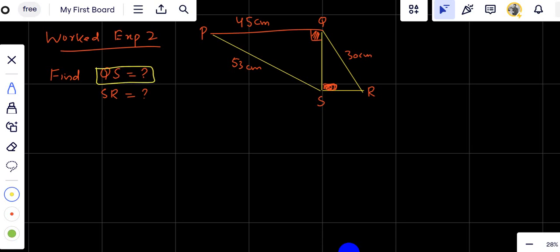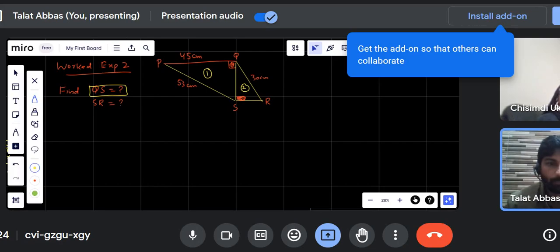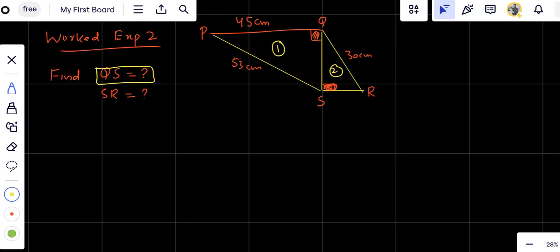QS is a side of which triangle? This is triangle 1, this is triangle 2. QS is a side of triangle 1 or 2? So this is common in both, right? So to find QS, can we use both triangles here? Can I use two?